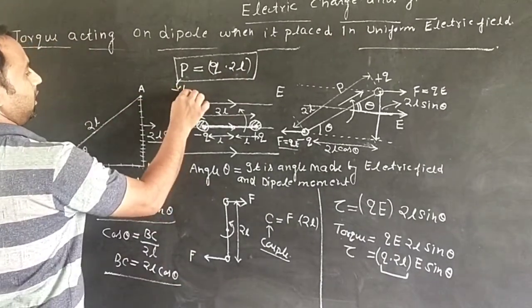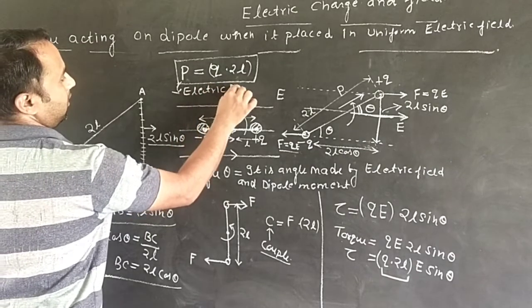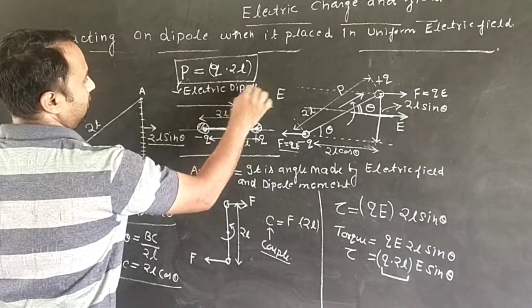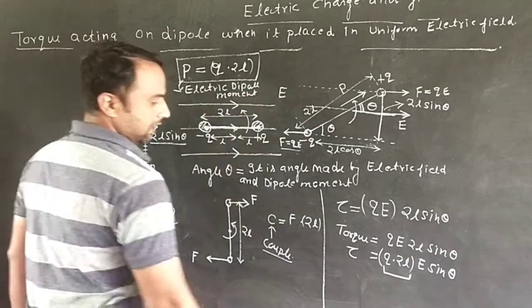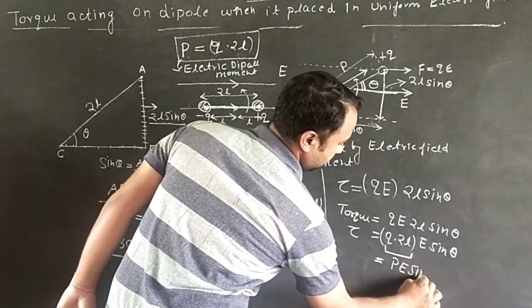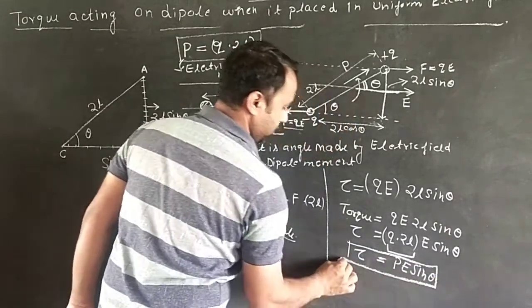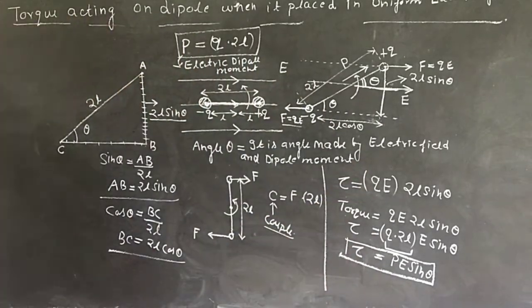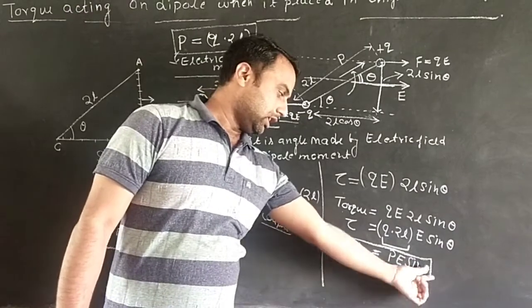This is the electric dipole moment. And this value is written as PE sin theta. And this is the most important formula. You have to remember this formula. Torque acting on a dipole is equal to PE sin theta.